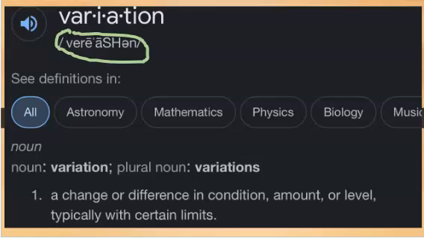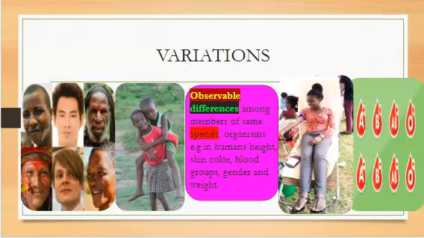But what we are looking at, however, is a definition within the context of not just biology, which is the study of life, because bio means life and logy means study, but within the context of genetics. What is variation? But you have the idea, it's change, differences in condition.